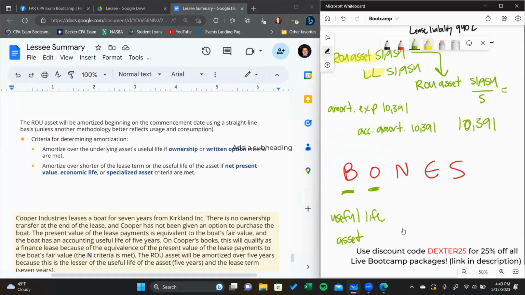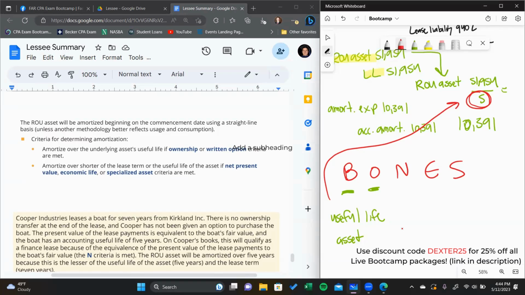So when we calculate amortization, if there's a bargain purchase option or ownership transfers, then we would use the useful life of the asset in the denominator. So instead of amortizing over the life of the lease, we would amortize over the life of the asset.